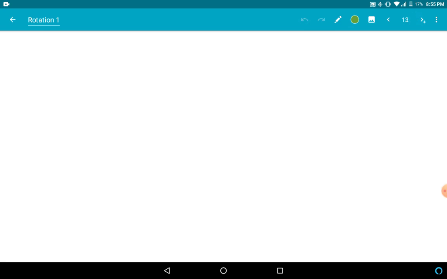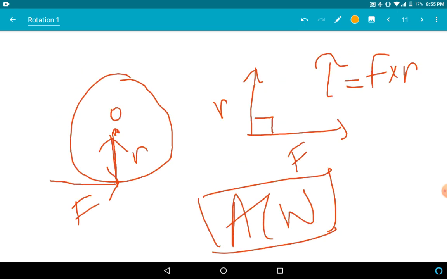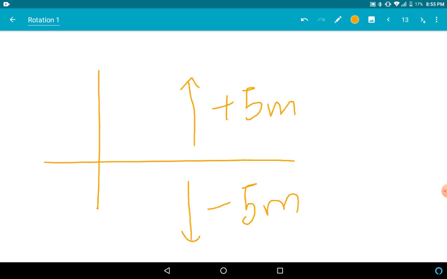Now if you know a little bit of coordinate systems, you should know this: if this is plus 5 meters upwards, this is minus 5 meters downwards, downwards is always negative.